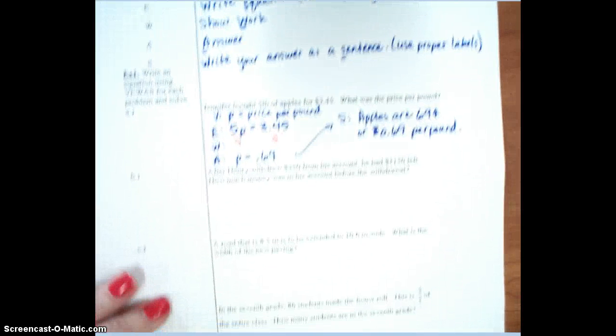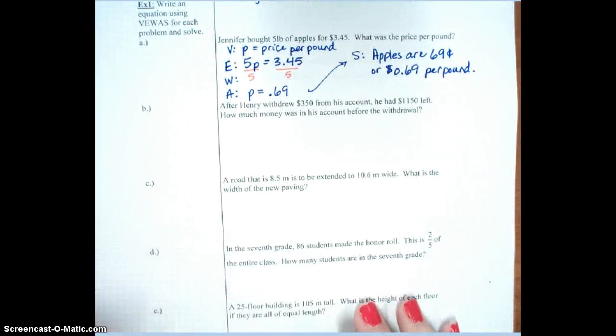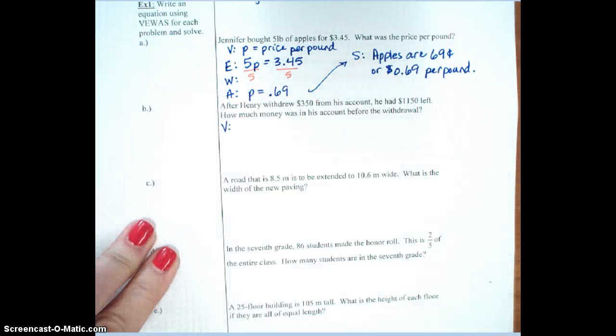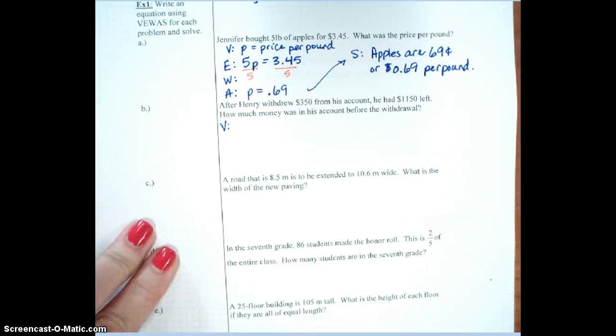Okay, so let's try the next one. I want to go ahead and set up my V. After Henry withdrew, that means to take out, $350 from his account, he had $1,150 left. How much money was in his account before the withdrawal?